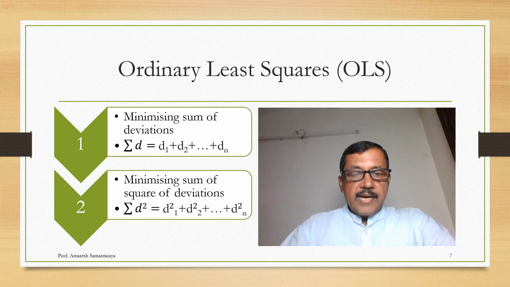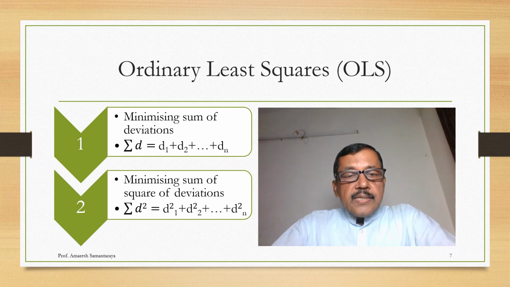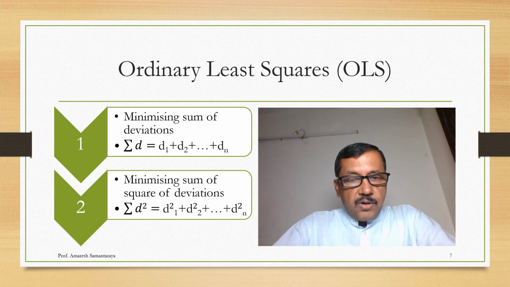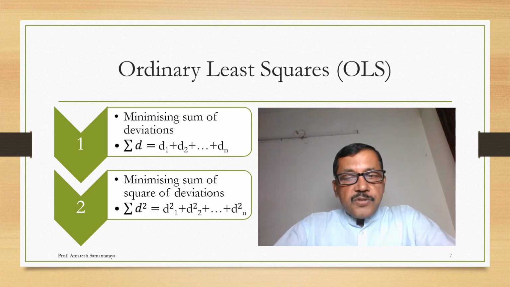ordinary least squares, right? Now this sum of squares will be better compared to the sum of deviations because in the second one, there will be no cancellation of positive and negative deviations when we take squares, and secondly, the larger deviations will be penalized heavily.